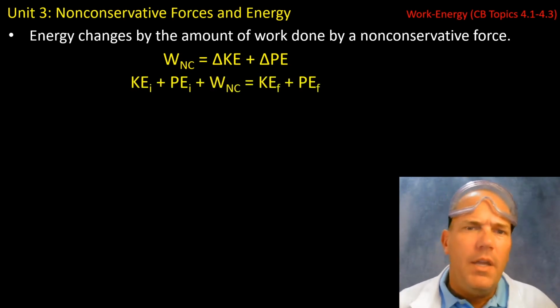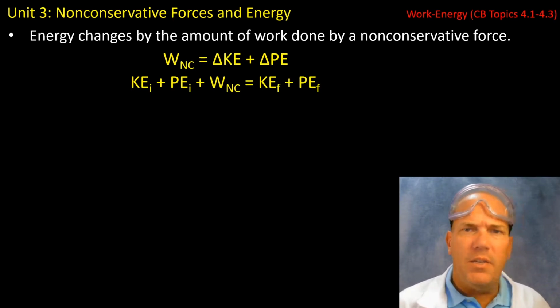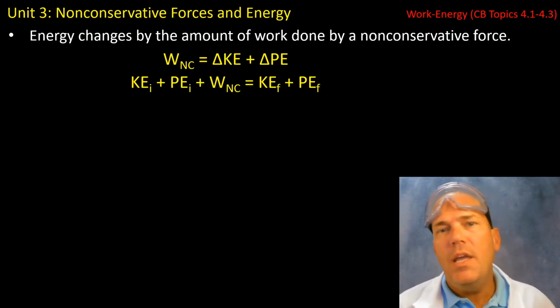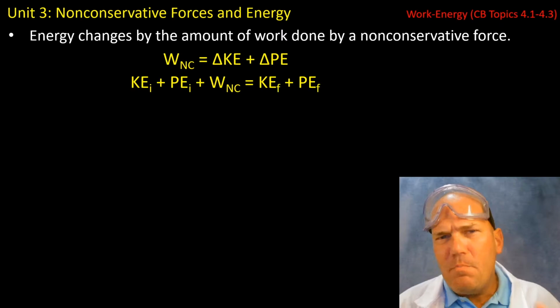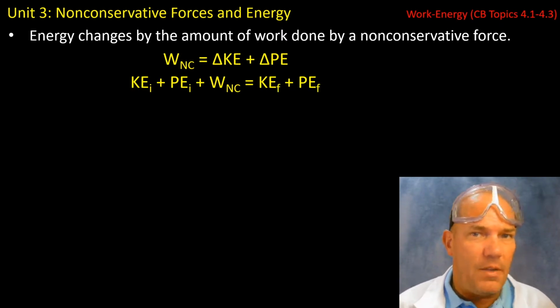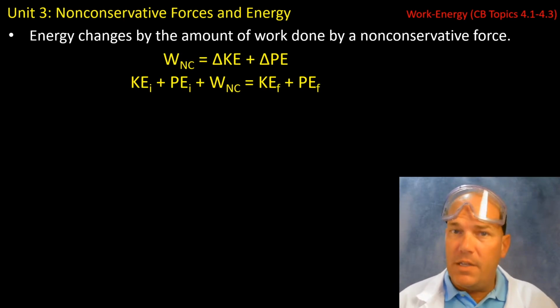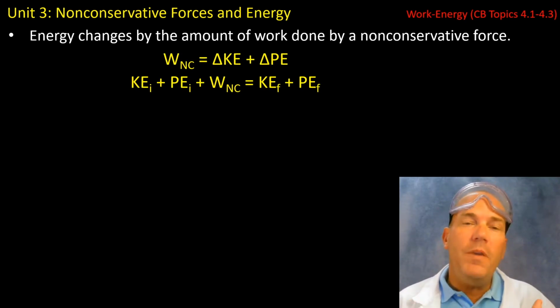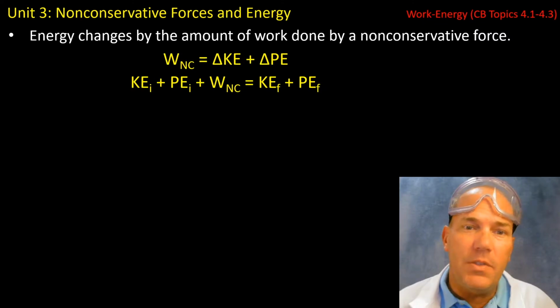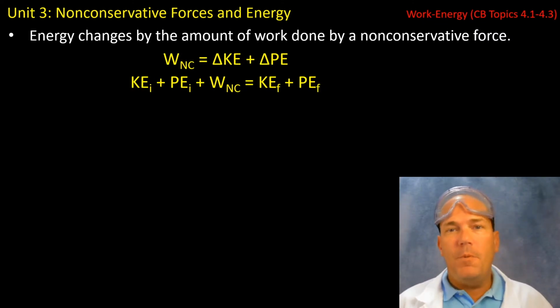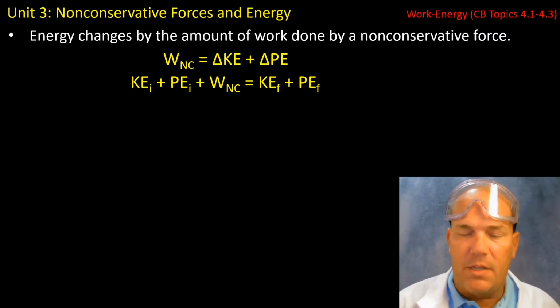Also recall that a change in kinetic energy or potential energy is the final value minus the initial value. So if we expand these out to include final and initial values, and we add the initial values to both sides, we end up with the following equation.